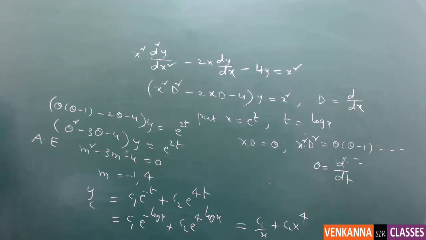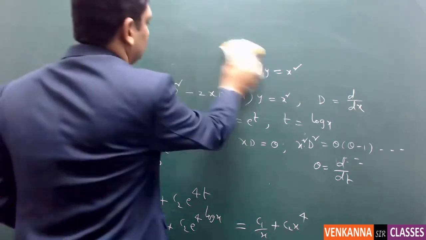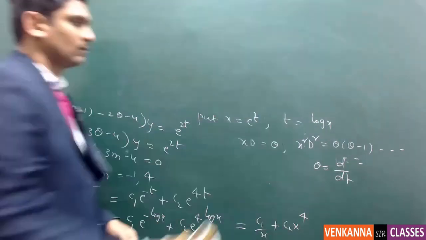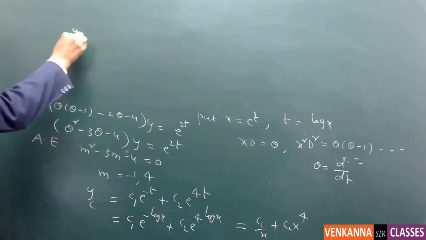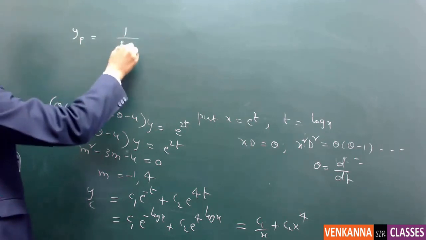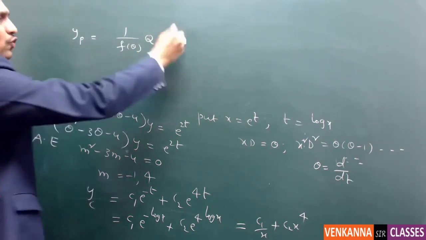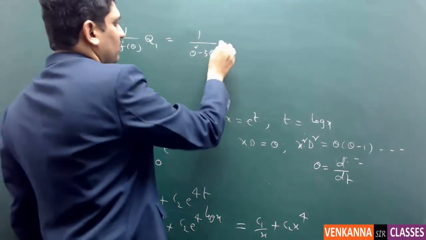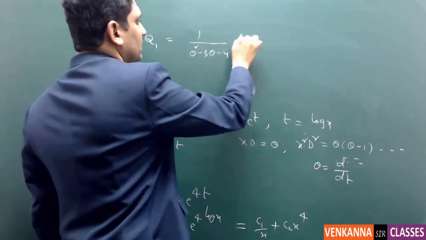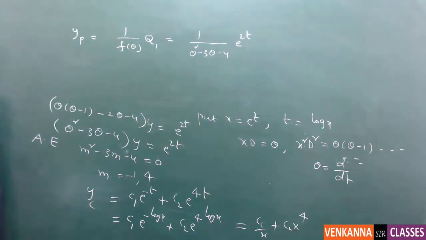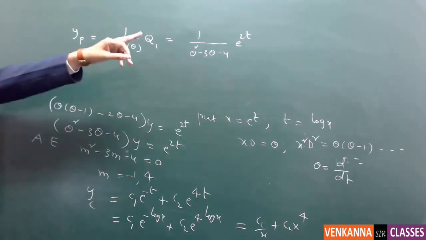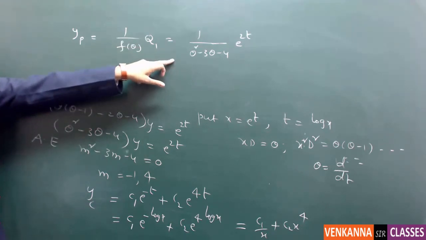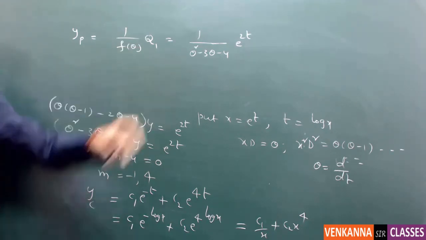So we are going to find the particular solution yp. For yp, 1 by f of theta into Q, or Q1 you can call. So 1 by (theta square minus 3 theta minus 4) of e power 2t. We follow the regular procedure. Whenever e power at is there, the value a should be substituted in place of the differential. So if you substitute, the value is minus 1 by 6.